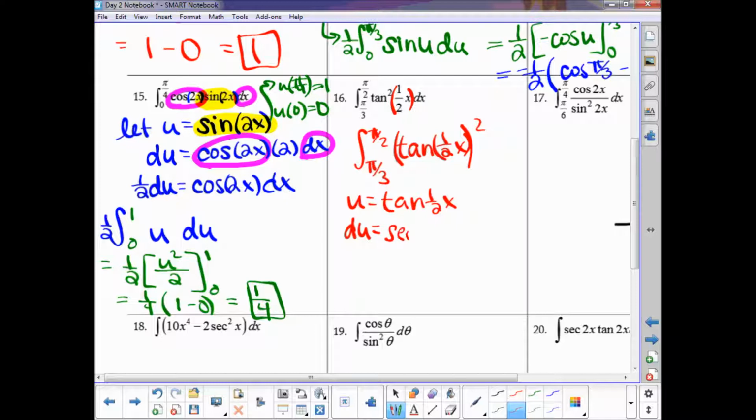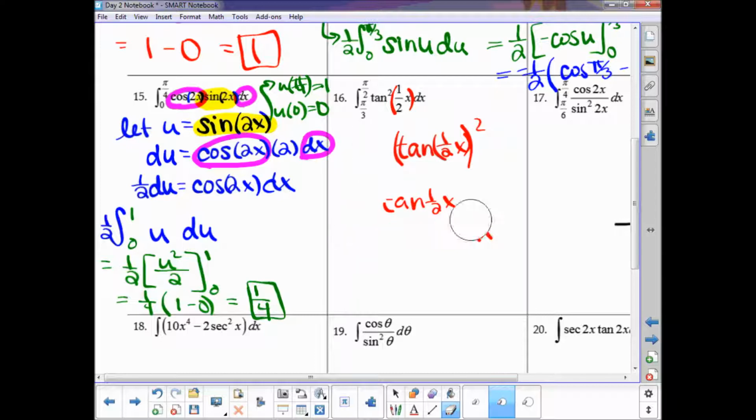Secant squared. We've got to make sure we know our derivatives and antiderivatives. I'm not going to be able to bring that secant squared in anywhere, so doing a u sub here is not going to be beneficial. I don't know the antiderivative.